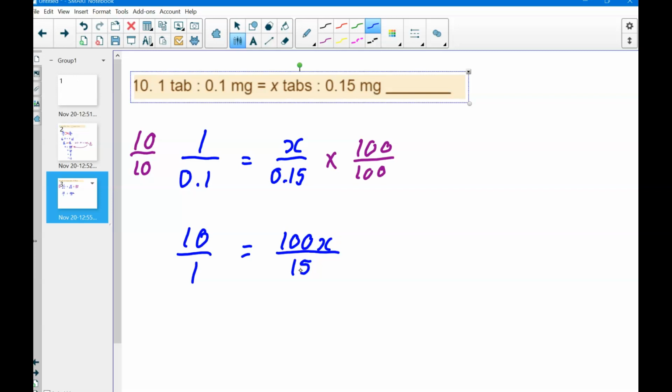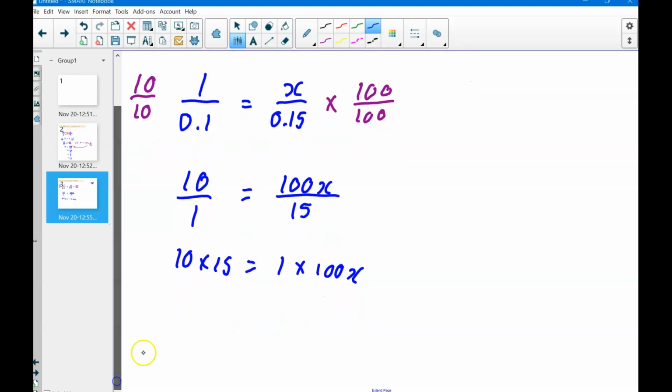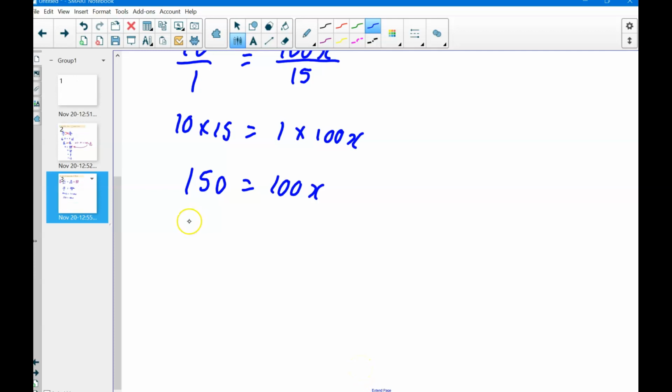Cross multiplying, I get this. I have 10 multiplied by 15. I have 1 times 100x. That gives me 150 equals 100x. And then what I do, divide both sides by 100.